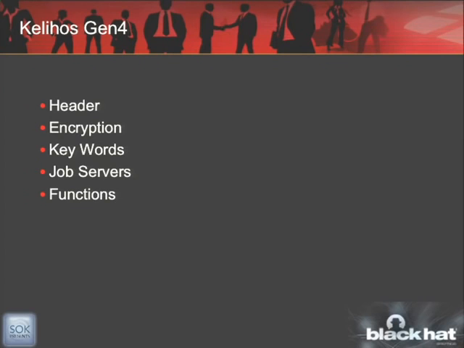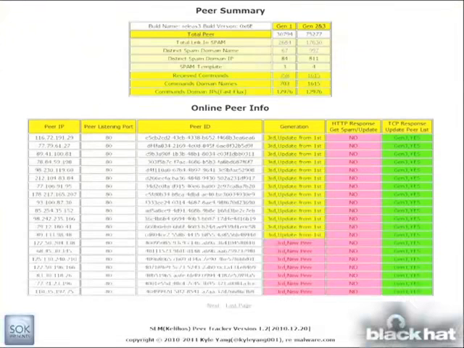Next, I will show you the statistics from before the famous takedown actions. Here is a peer tracker I made right after analyzing the first generation. This data was updated on September 26th. We can see that it includes the first, second, and third generations, not including the latest one. There are more than 75,000 proxy nodes there.